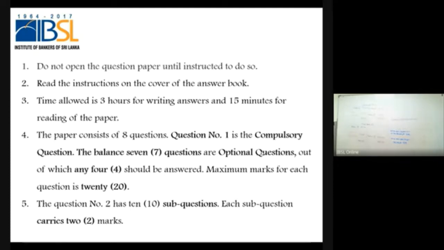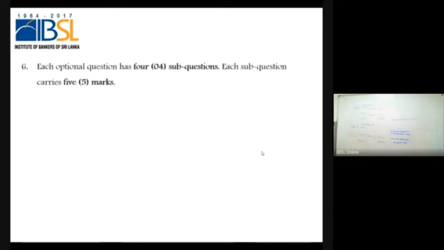Then you also need to establish whether there is a multiple choice question or not. That will help you to understand the choice of your questions, as I told you before. When you establish those, you need to understand the requirement. So there is one compulsory question, then you have 4 other optional questions that you need to answer.